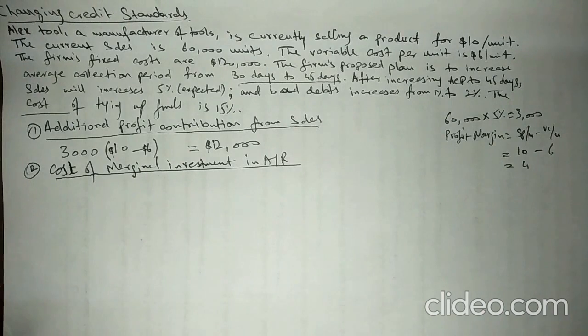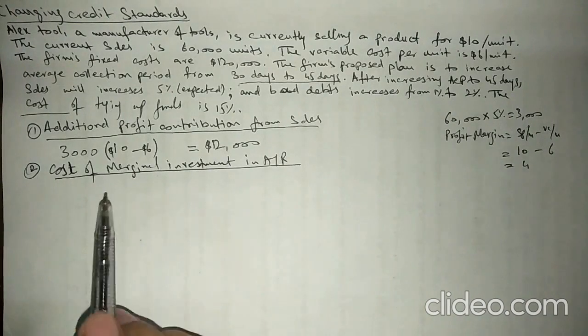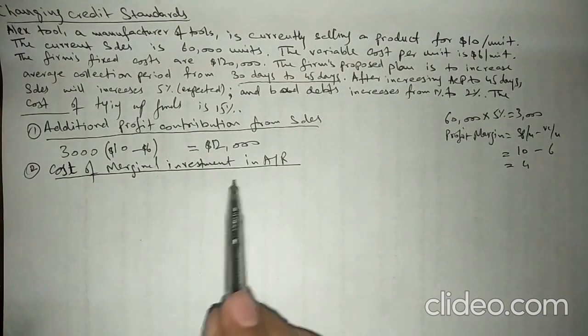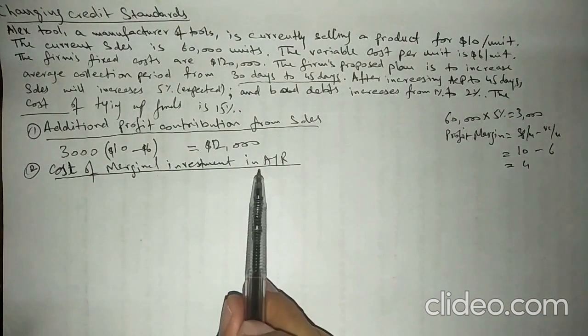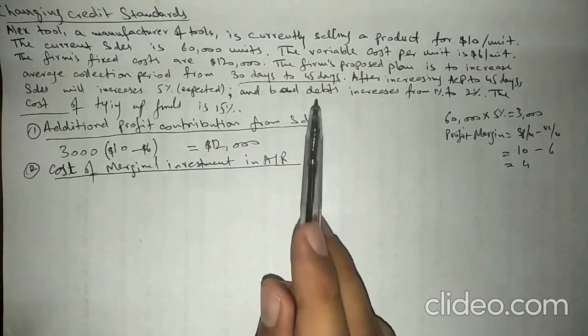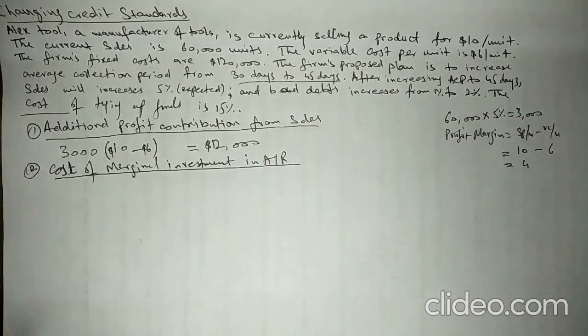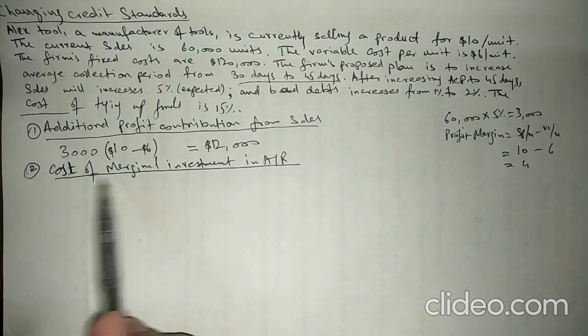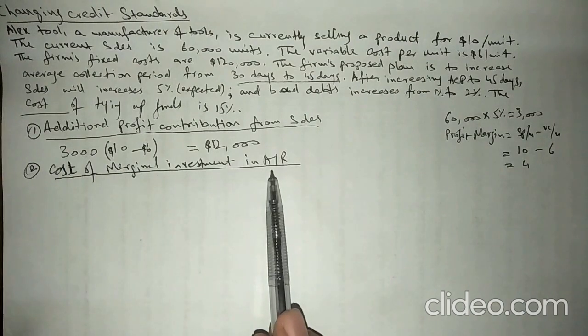We can calculate this if we have data on the investment in accounts receivable under the 30 days plan and under the 45 days plan. Then we take the difference to calculate the marginal investment in accounts receivable, and then we calculate the cost of that marginal investment.